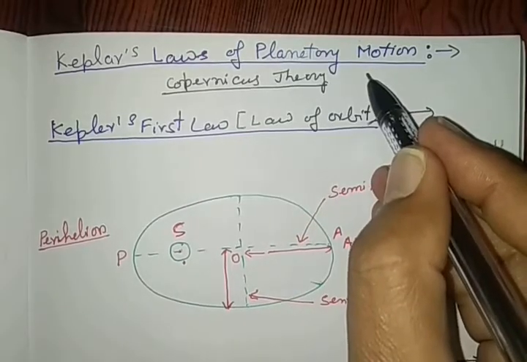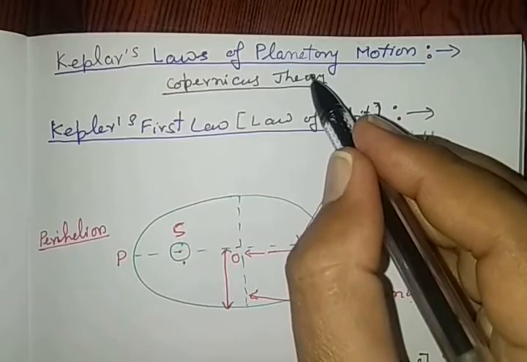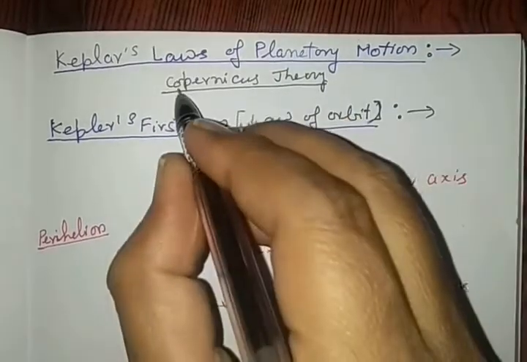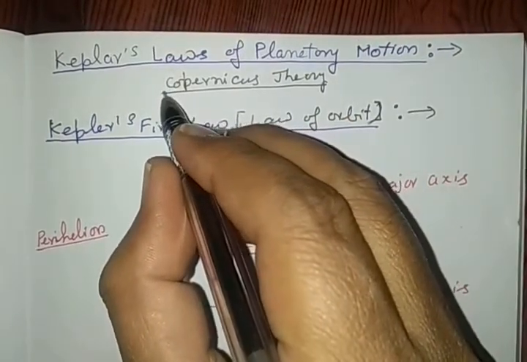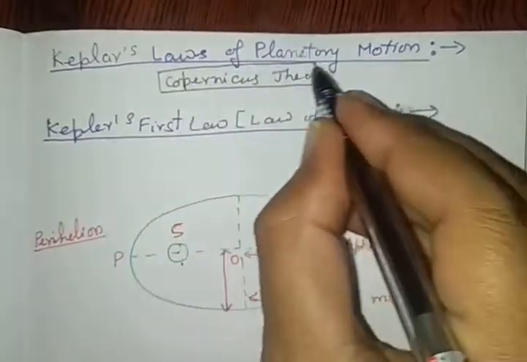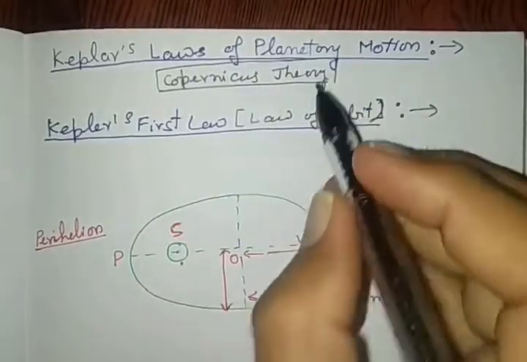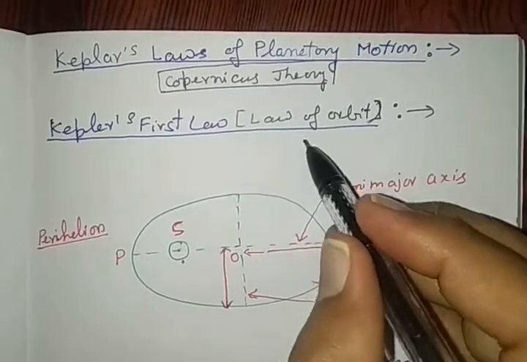Here in our solar system the planets move around the sun, and on the basis of this conclusion, after studying the Copernicus concept, Kepler gave three laws.